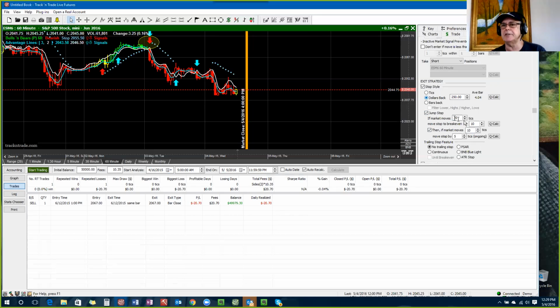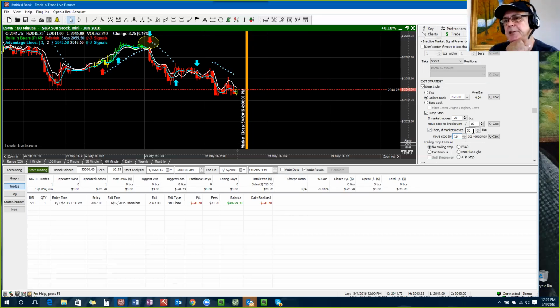Now you can get aggressive on your jump stops, and it's going to stop you out earlier, and it may stop you out with a greater profit, and sometimes it stops you out and the market continues in your favor. You could say, if it goes 20 ticks in my favor, I want to go to break even plus 10.